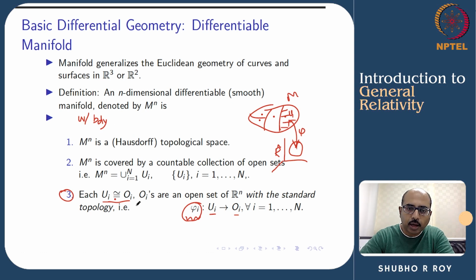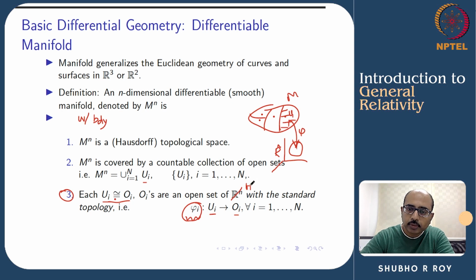Okay. In a manifold with a boundary, what we'll try to do is, instead of mapping each open set, the first two will remain unchanged. So it, of course, has to be a Hausdorff space, and it has to be covered by a countable collection of open sets, U_i. Now, for a manifold with a boundary, each open set U sub i is going to be homeomorphic to O sub i, where O sub i are open sets of the half space Hn instead of Rn.